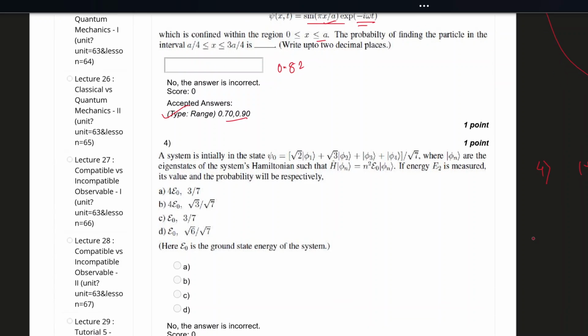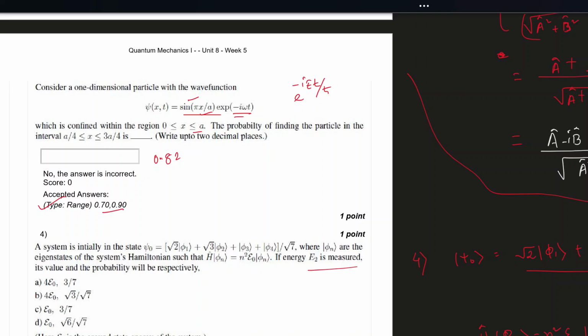Now it is said in the question that energy E2 is measured, then its value and the probability will be what? First of all, the value of E2 you have already obtained, that is 4 epsilon naught. Now you have to find the probability of E2 being measured. For this kind of question, it's always important to look at what E2 belongs to. E2 is the eigenvalue corresponding to the eigenfunction phi 2. So you have to find out how phi 2 is placed in psi naught. Phi 2 is only one term, which has the coefficient root over 3 by root over 7, right?